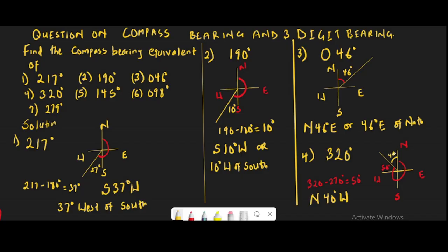We always consider north and west here, so the compass bearing of 320 is north 40 degrees west, or 40 degrees west of north.